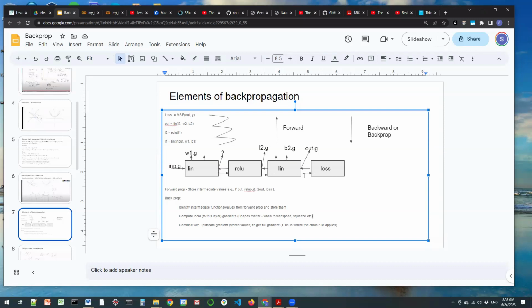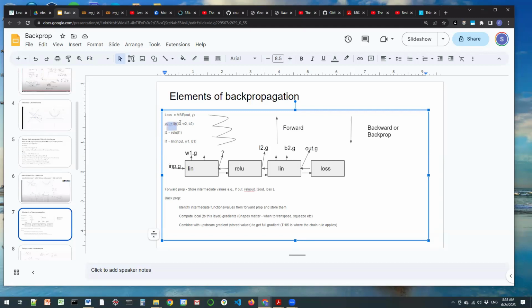Okay, the simplest way to think of it is, remember we have the equations, and I had the equations listed on top for this very purpose. So think of it as, what's the output coming out of the second linear layer? It's out. That's the reason why out.g, the gradient of the loss with respect to output, is the upstream gradient coming into the second linear block.